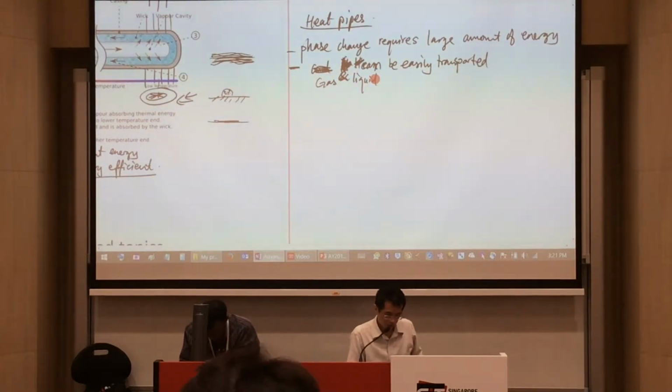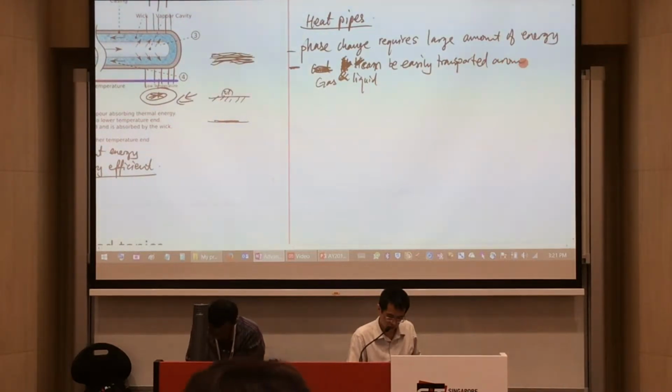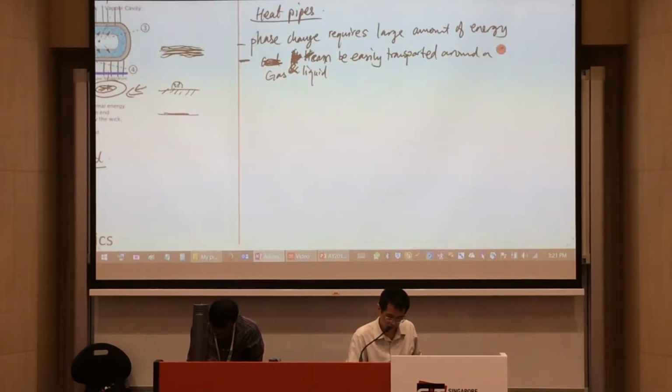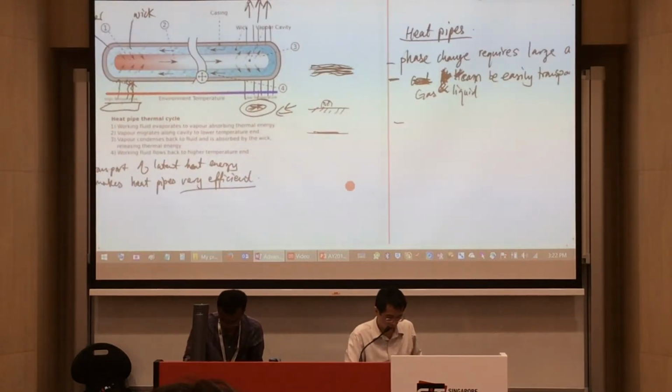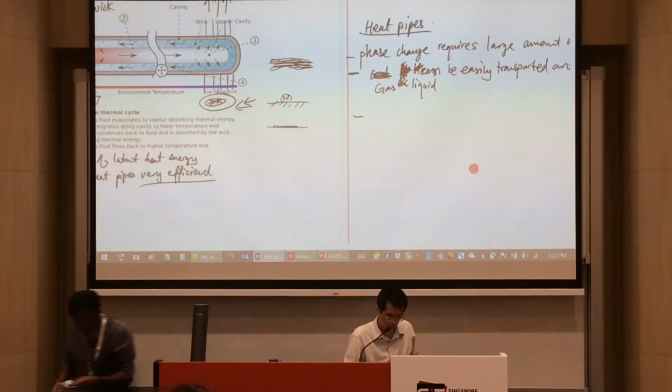So this kind of system is very desirable, transported easily around a system. The material phase change can be transported from one location to another location. And the material here is your working fluid.